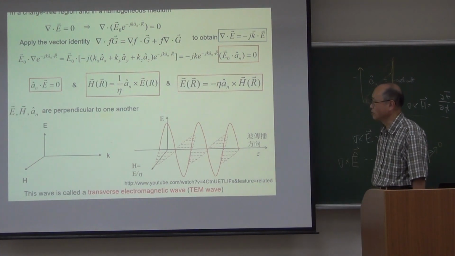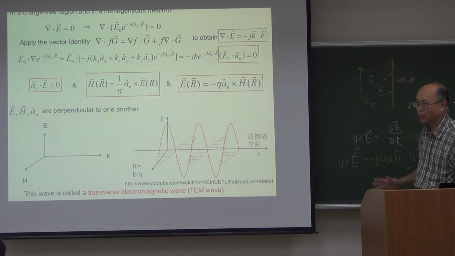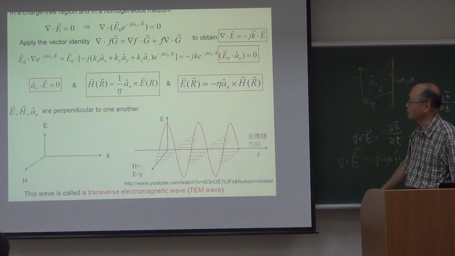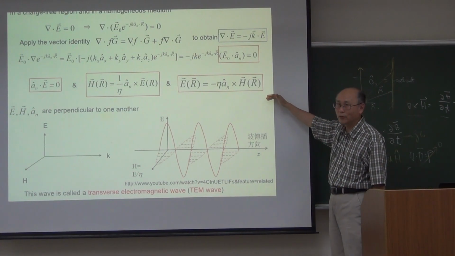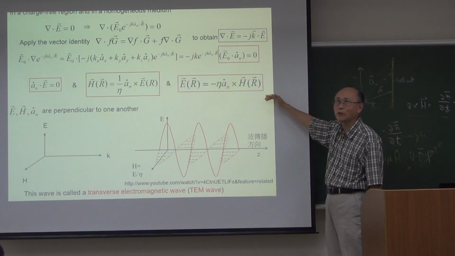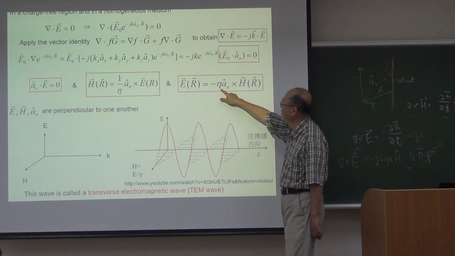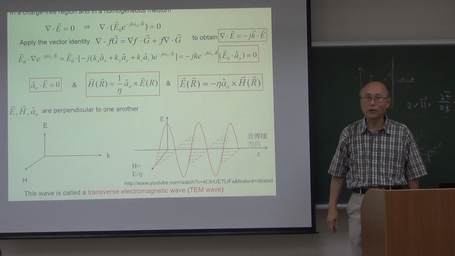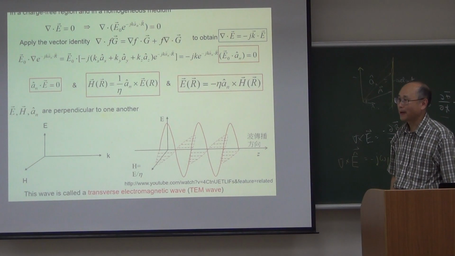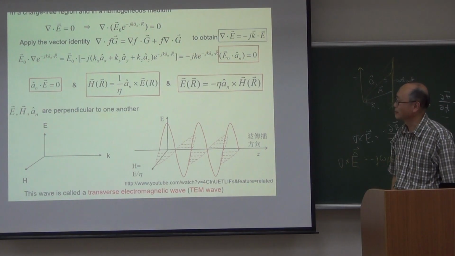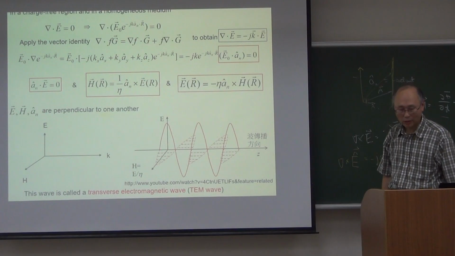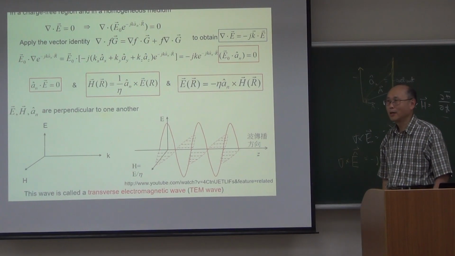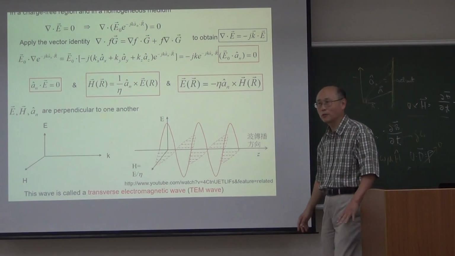So make sure that you understand the directional relationship. But if you care about the ratio of electric field and magnetic field, then you have to pick up the wave impedance. Okay, you have to do this ratio calculation with the intrinsic wave impedance. All right, any questions so far?